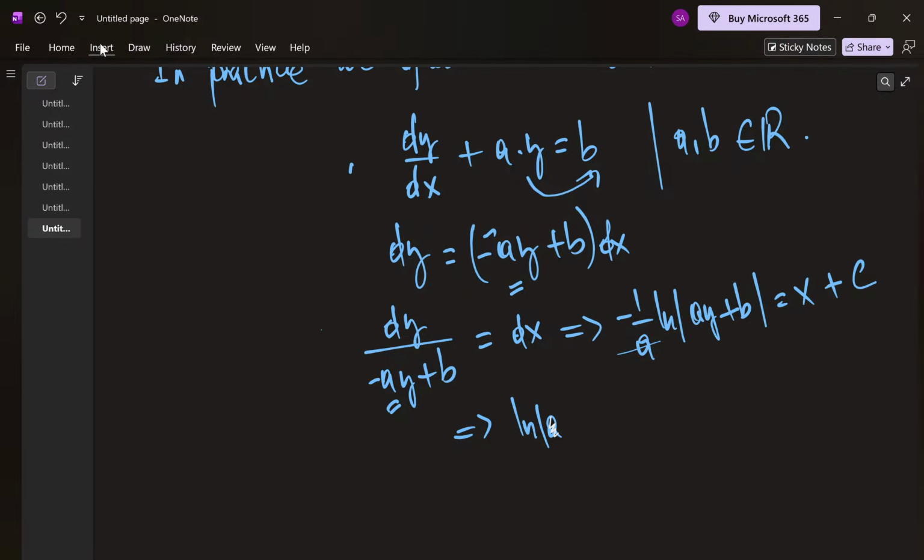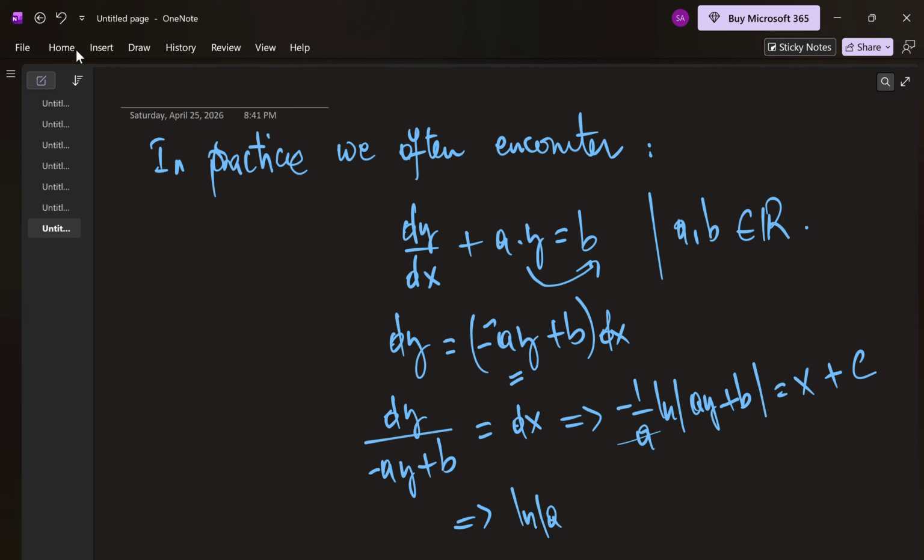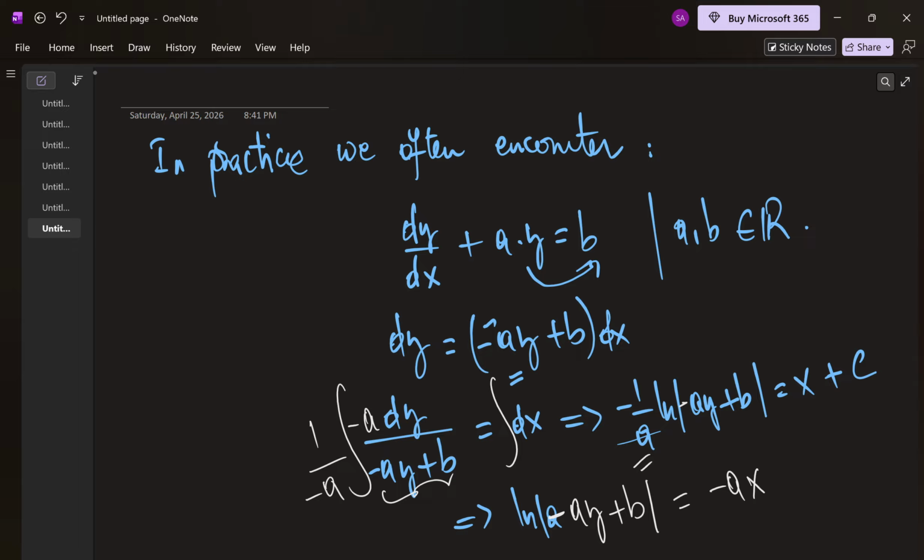It is not a here. So you should divide, and before taking the integral on both sides, you should multiply by negative a, so we should also divide by 1 over minus a. Then inside the logarithm, we have minus a times y plus b equals, so we multiplied here by minus a, plus c.